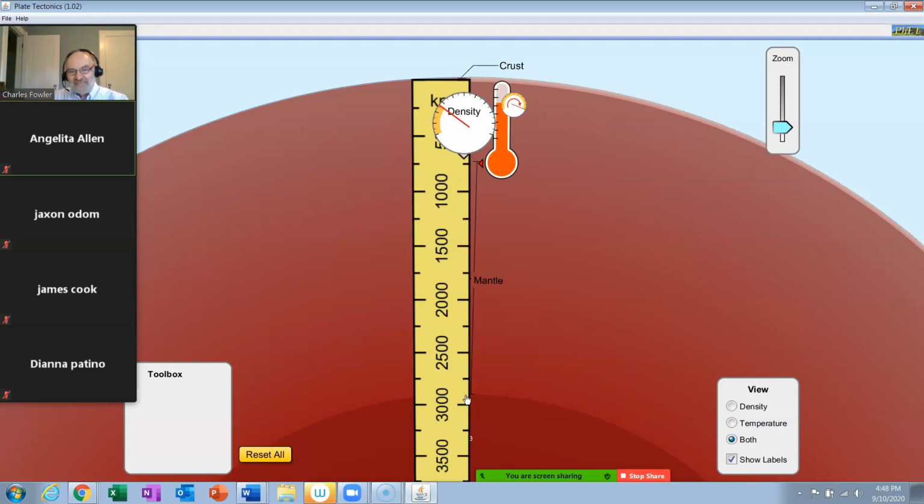What's next? The approximate thickness of the mantle. Okay. I thought that's what we just did. Maybe it meant, read the previous question. The previous one, once you increase the zoom to the outer core and expand the ruler, it said record the distance from the crust to the outer core.